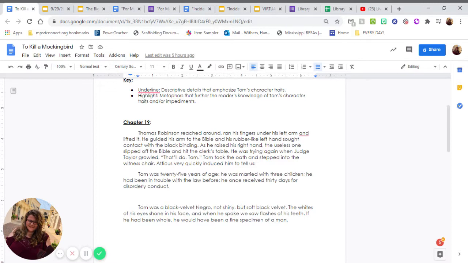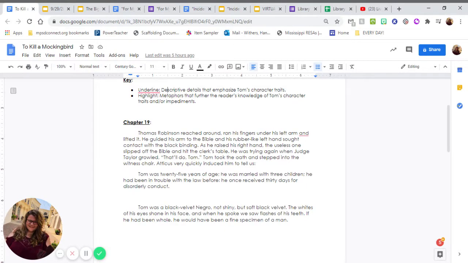Tom took the oath and stepped into the witness chair. Atticus very quickly introduced him to tell us Tom was 25 years of age. He was married with 3 children. He had been in trouble with the law before. He once received 30 days for disorderly conduct.